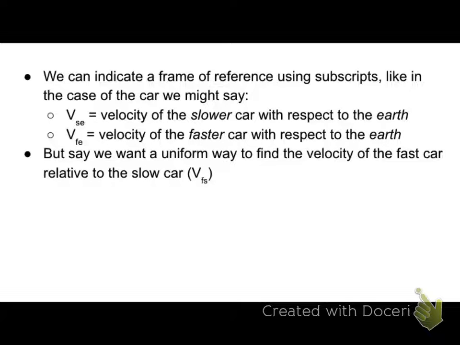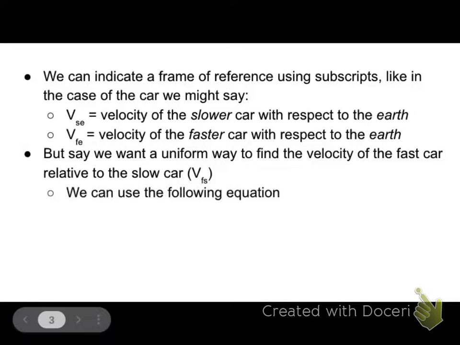And we're going to do that sometimes, not all the time, by using the subscripts to help us figure it out. So let's say we want the velocity of the fast car relative to the slow car now. So what we want is V sub FS, right? In order to do that, we can use this equation.